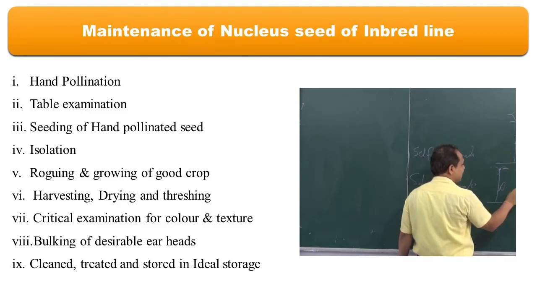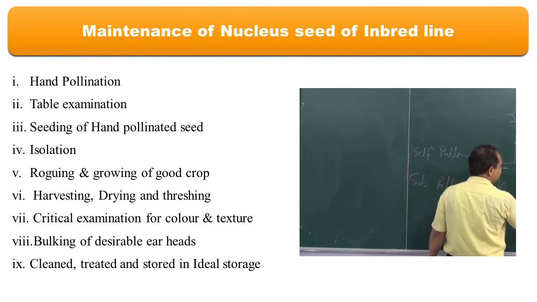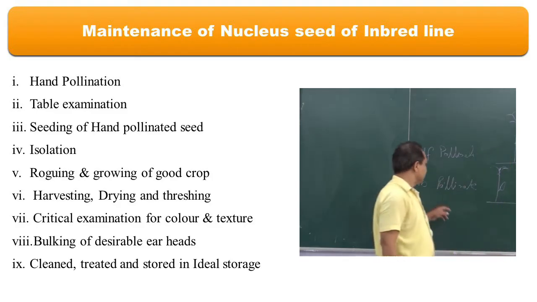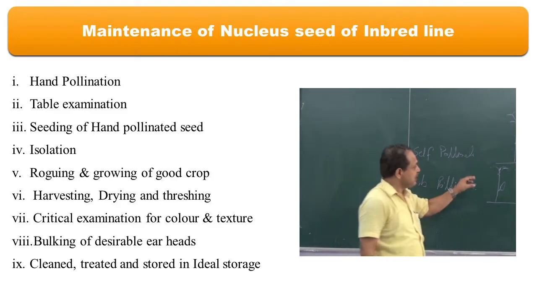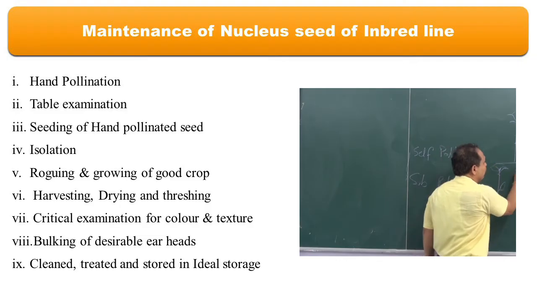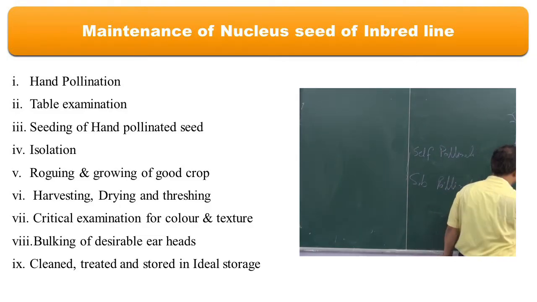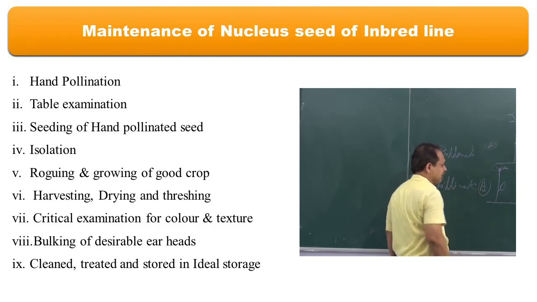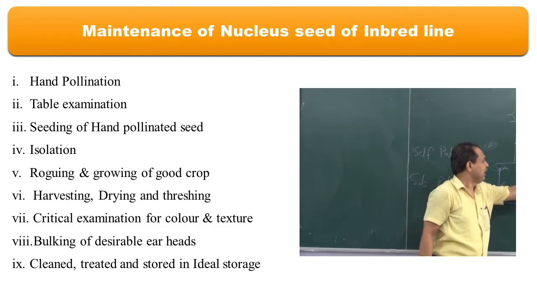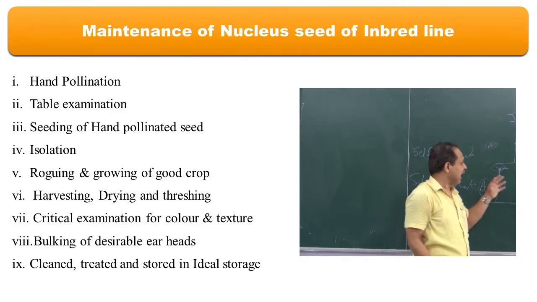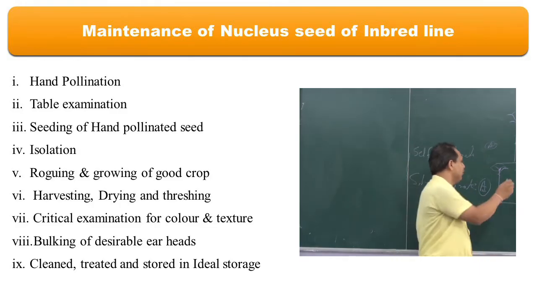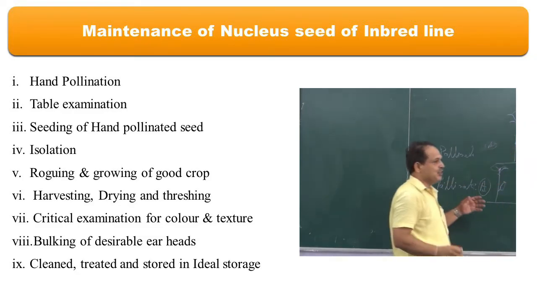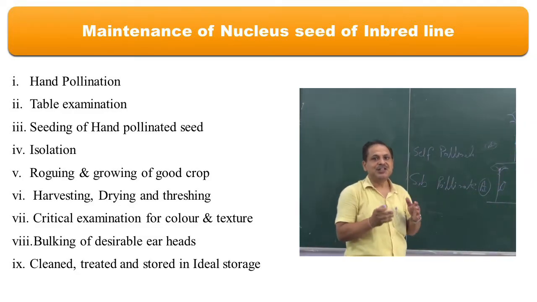In sib pollination there is a little bit of difference. The male part at the top is known as the tassel, and the female parts are at the side. In sib pollination, we collect the pollen from all plants of the same variety, the A variety, mix it together, and then pollinate the female parts, so that there is no genetic drift.